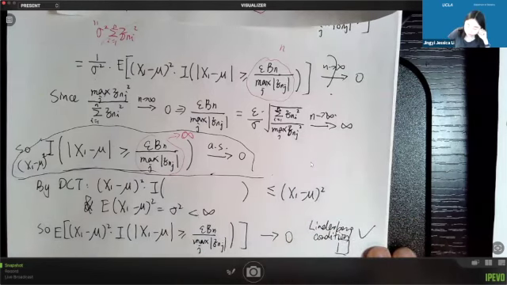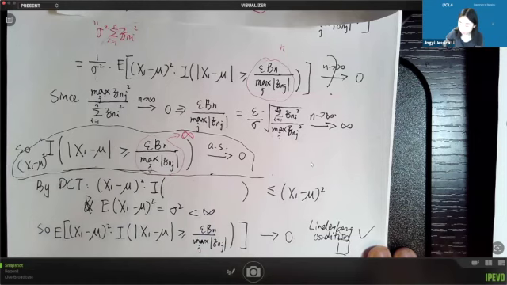I spent the time to actually show this because I want to make you aware of how we can prove that the Lindeberg condition holds. And here we give you an example. And I would say this example applies in general.